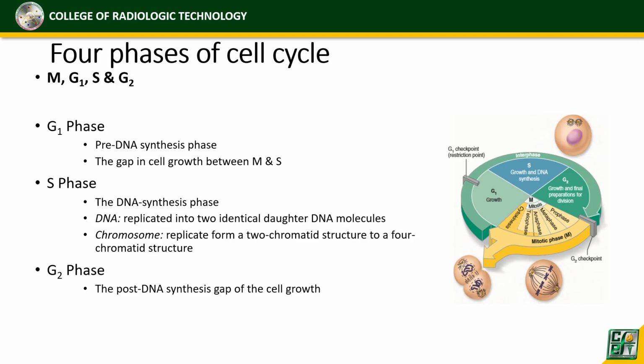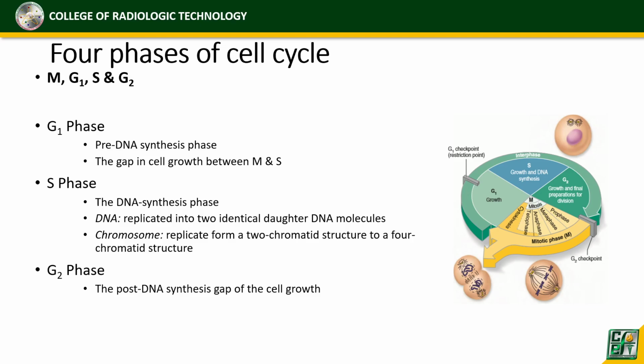Kasi dito ay tapos na yung synthesis ng DNA, and yung cell growth ay patapos na. Biruin mo, yung growth ng cell is from the G1 phase to S phase, then G2 phase. So meaning, kapag umabot ang cell sa G2 phase, the cell is already matured.